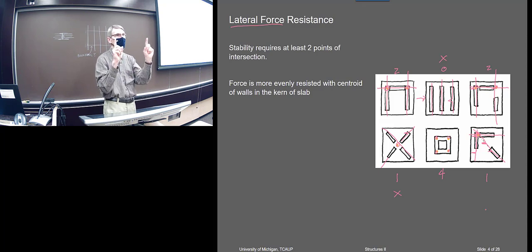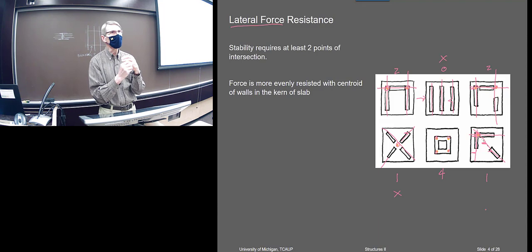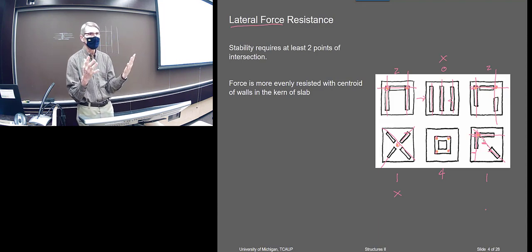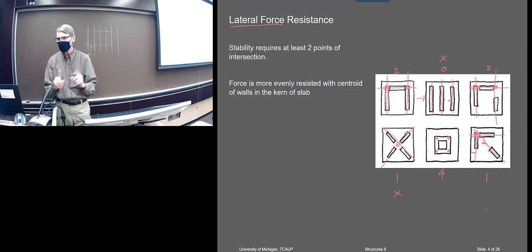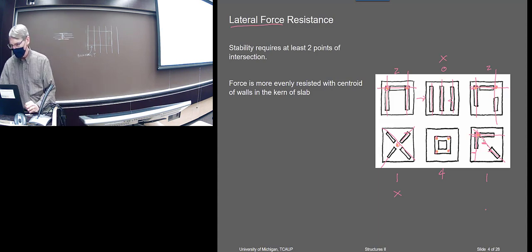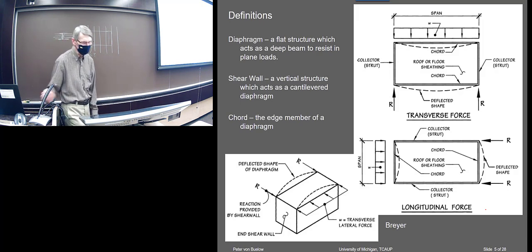So you've got to have at least 2 points of crossing to prevent that rotation. That's just conceptually a very fundamental idea to understand about these shear walls. They have to have at least 2 points of crossing. Anyway, I forgot to bring the model up. We'll do that next time.